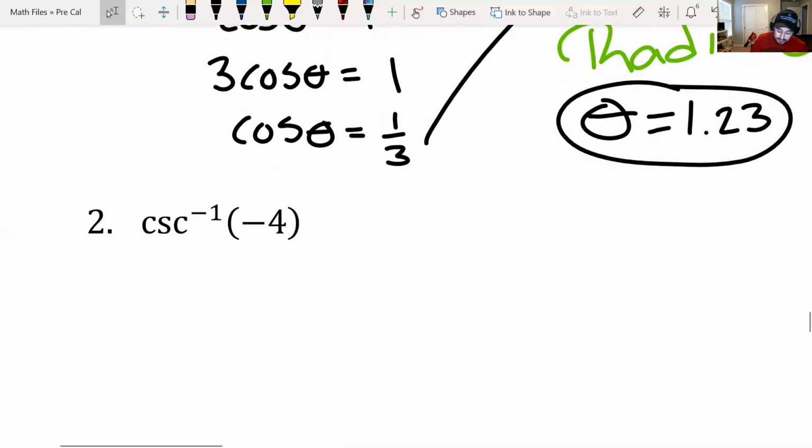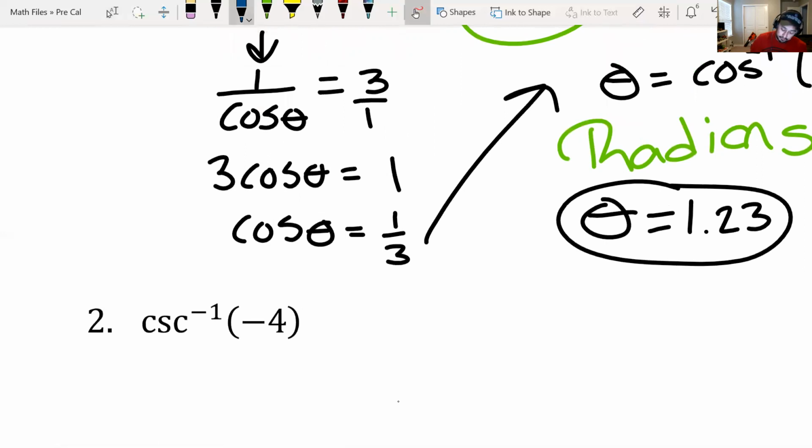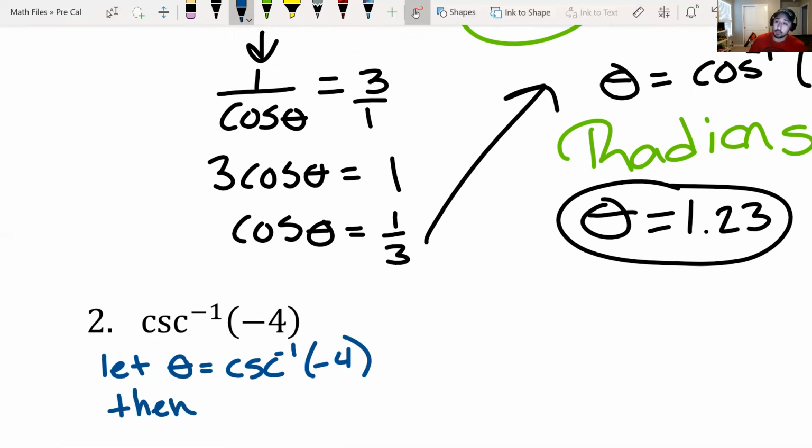We do the same steps as above. We say, let theta equal the inverse cosecant of -4. Then you know what's next. Compose both sides with cosecant.